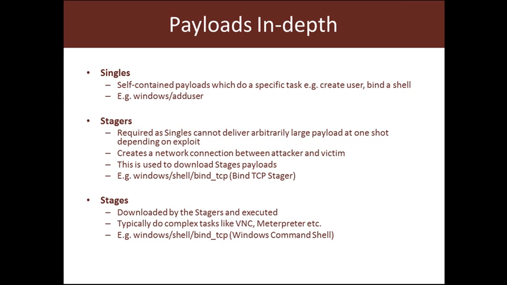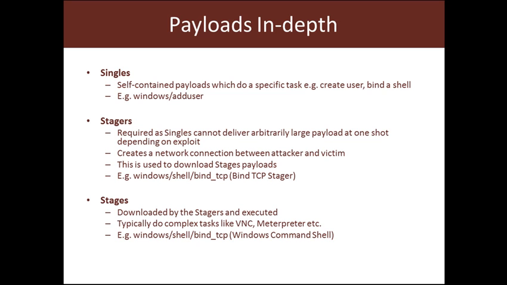So this is where Metasploit has done an innovation called stagers. What are stagers? In the payload, a very small piece of code runs, called the stager, which creates a network connection between the attacker and the victim.